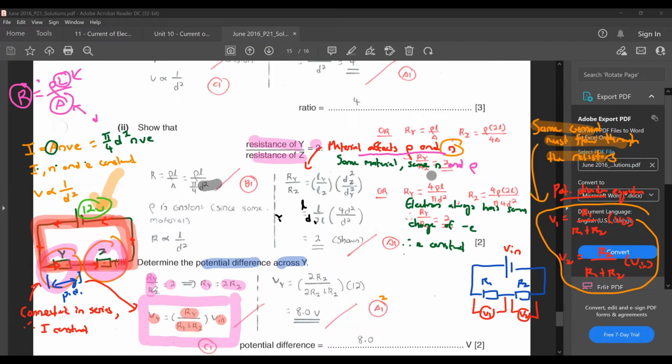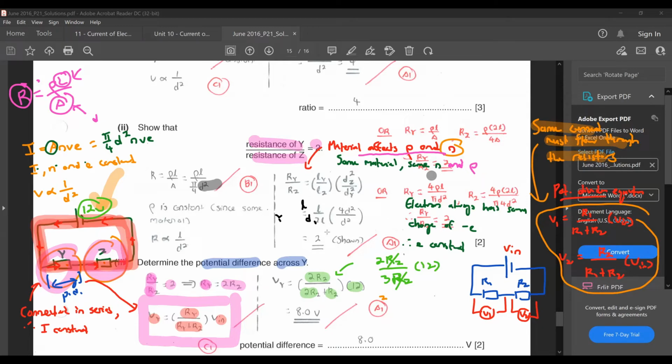Either I sub in for Ry or Rz, it doesn't matter which one. I sub in for Ry now. The resulting expression I get would be 2Rz over 2Rz plus Rz times 12. So this one eventually becomes 2Rz over 3Rz times 12. The Rz will cancel off. So eventually my answer is 8 volts.